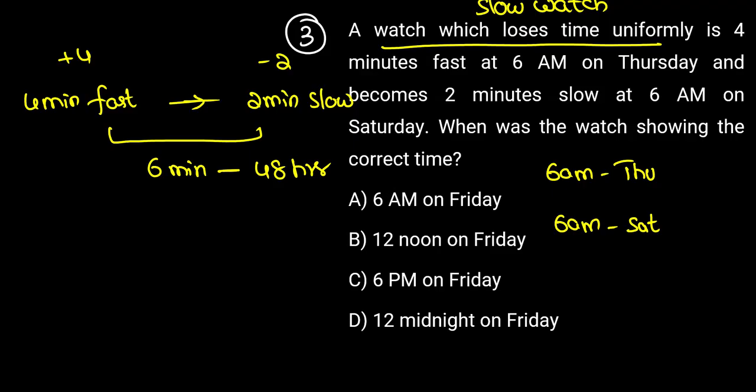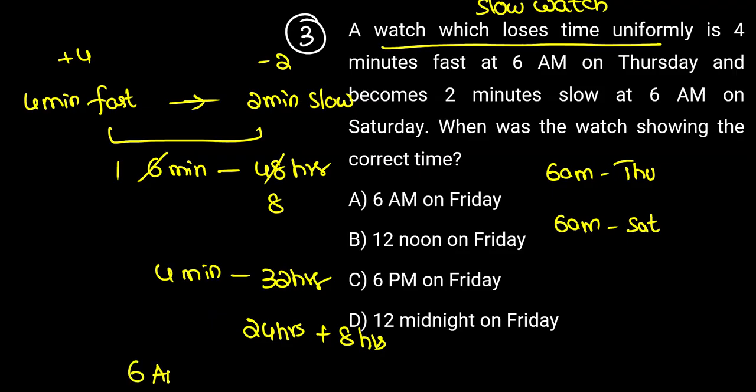To get the correct time, 4 minutes fast should become 4 minutes slow, then it's sufficient. So for 6 minutes, 48 hours; for 1 minute, 8 hours; for 4 minutes, 32 hours. 32 hours is 24 hours plus 8.